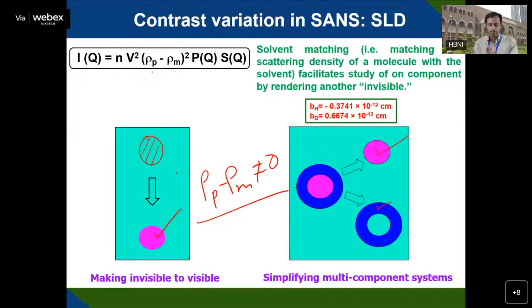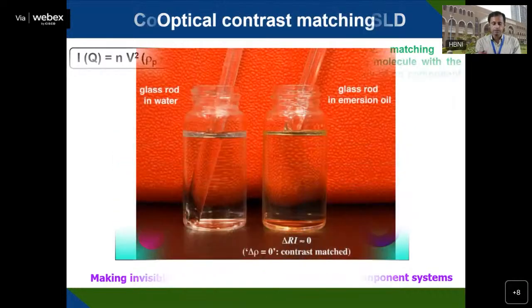This facilitates studying one component by rendering the other invisible. Since hydrogen is negative and deuterium is positive, deuterium is mostly used, as D2O, as the major solvent for this type of study.